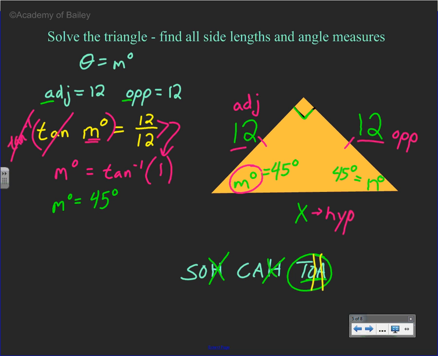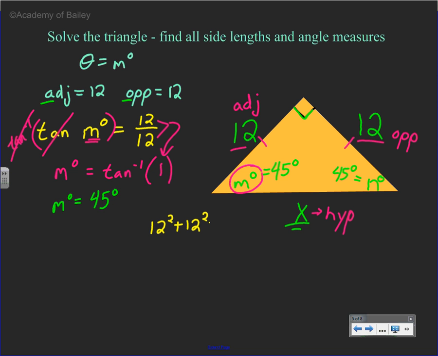Okay. So we know two sides. We know all three angles, so now we just need to calculate this last side, the hypotenuse. Plug that into your Pythagorean theorem. 12 squared plus 12 squared is equal to x squared. We know both of these are 144, and 144 plus 144 is 288.